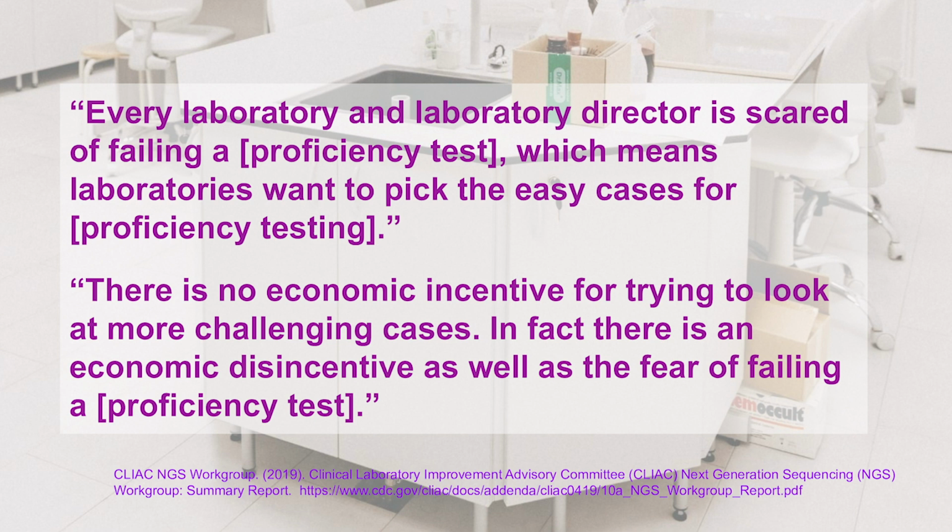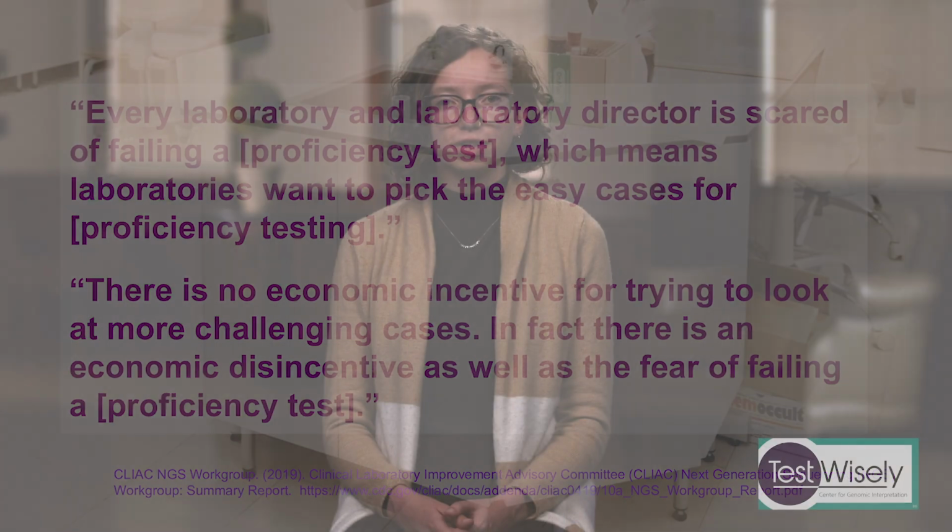In fact, there is an economic disincentive, as well as the fear of failing a proficiency test." So no, proficiency testing, as it is typically utilized in the CLIA and CAP model, will not reveal which labs have used primarily easy variants to measure their analytical sensitivity. And while we have not gone into it here, there are easy mathematical ways to inflate analytical specificity. And it is not always transparent what math a lab has used to calculate their metrics.